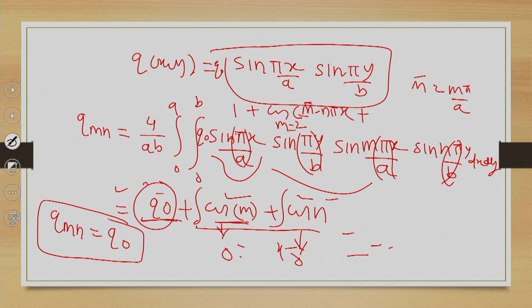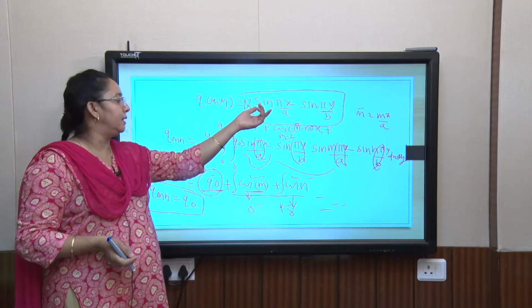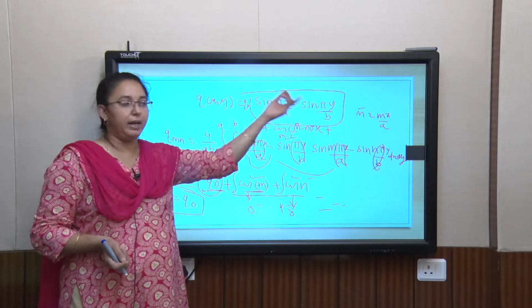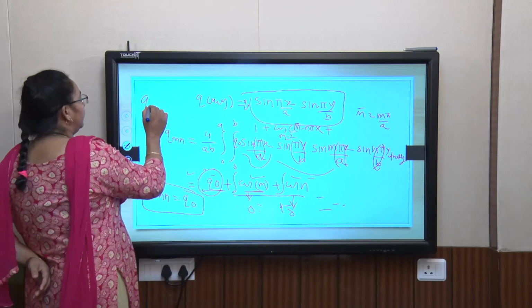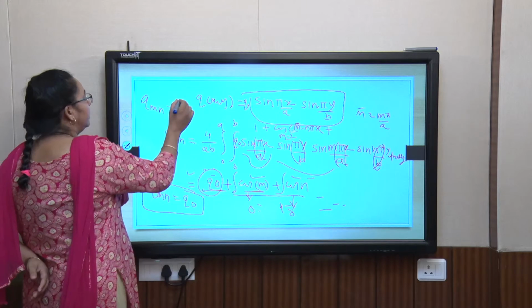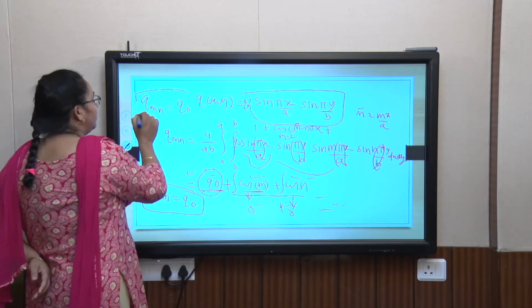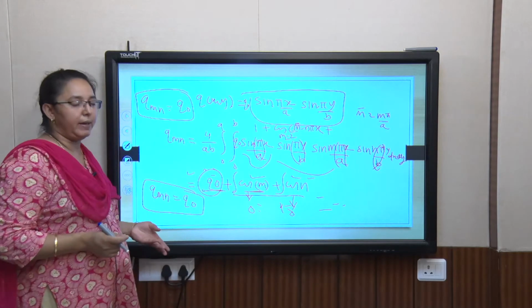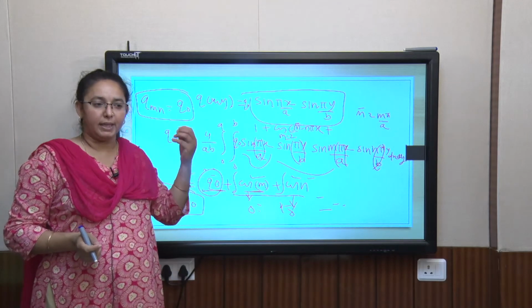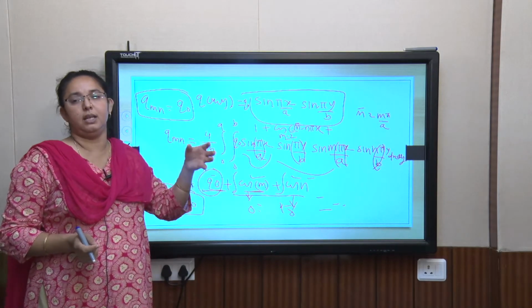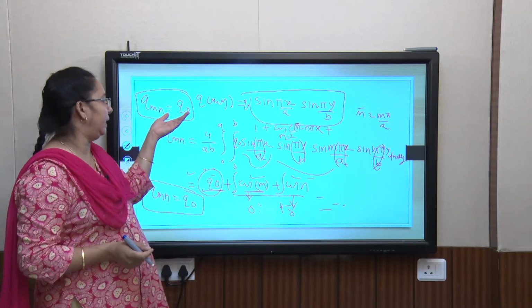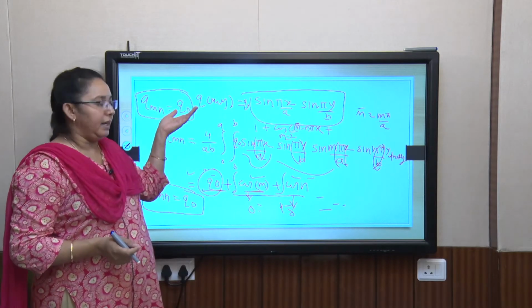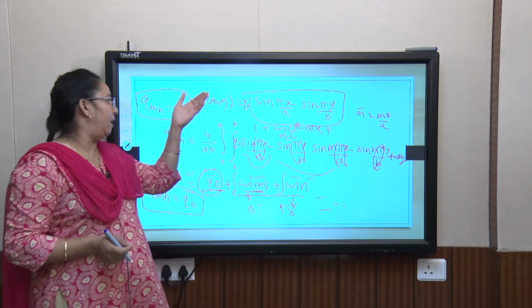When I say that a plate is subjected to a sinusoidal loading, then you understand that Q_mn must be just q naught. For most of the time, for simplification or just to show you what the stresses or moments will be, we assume that our loading is bisinusoidal along x and y.